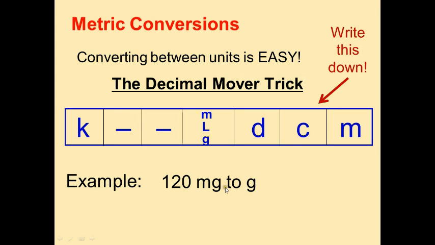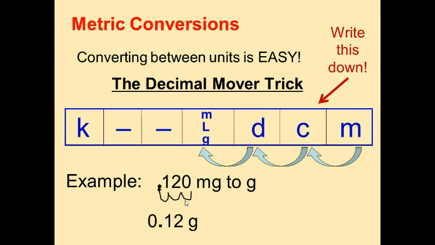If you have 120 milligrams, you first find the milli spot right here, and you want to move to grams, so you count the boxes you moved, 1, 2, 3 spots. Then you take the number 120 and move the decimal place 1, 2, 3 spots, just like you did with the boxes, and that's your answer.